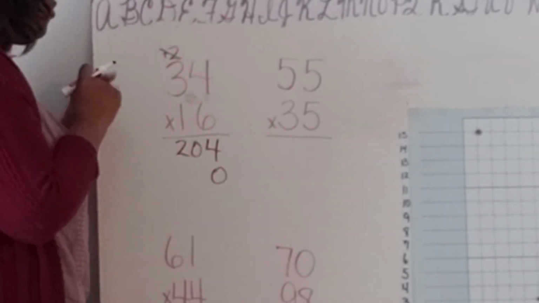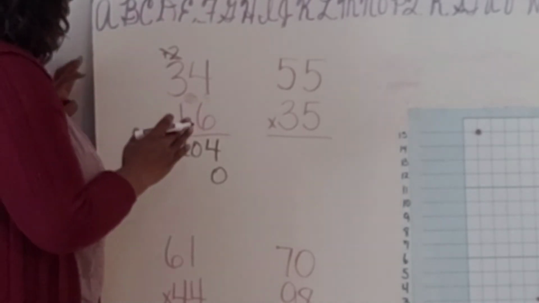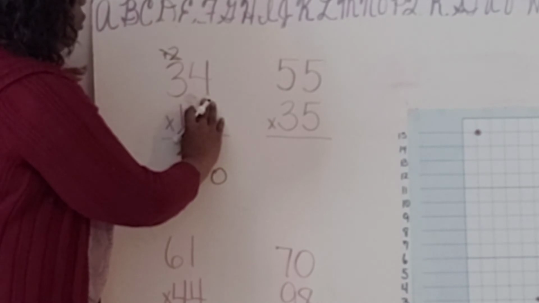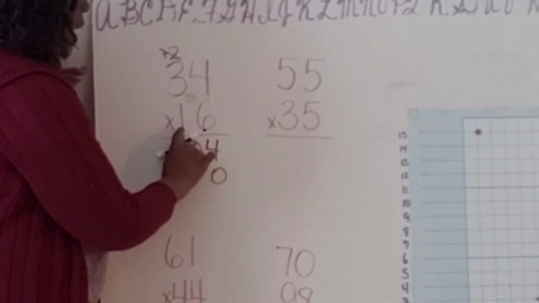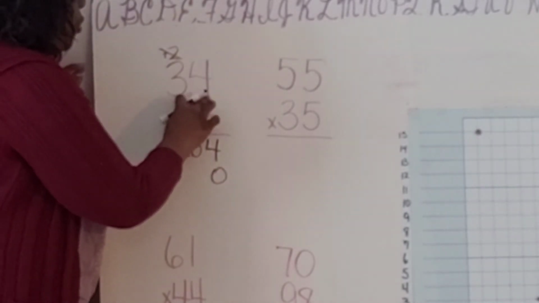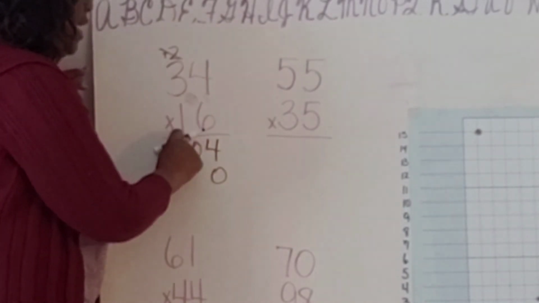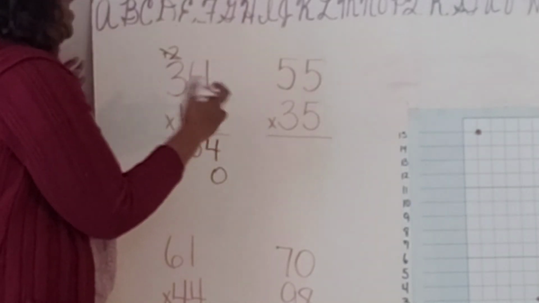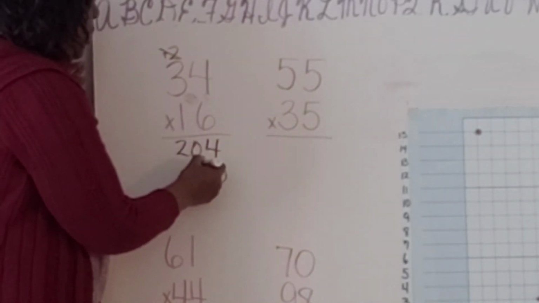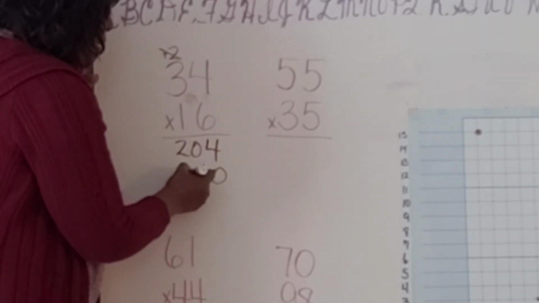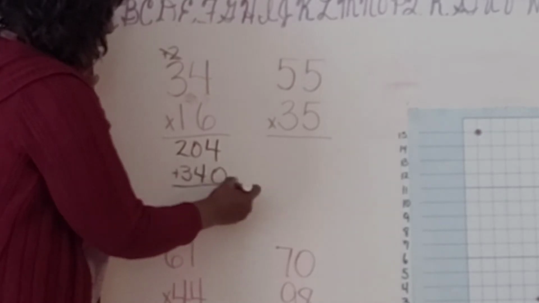What I carried over, I cross that out, because now I put my finger on the ones place and I multiply everything on the top times 1, or times 10, because it's in the tens place. So it's 34 times 1, or 34 times 10, which is going to equal, right? So let's go ahead. 4 times 1, 4, and 3 times 1, 3. And is that what 34 times 10 equals?